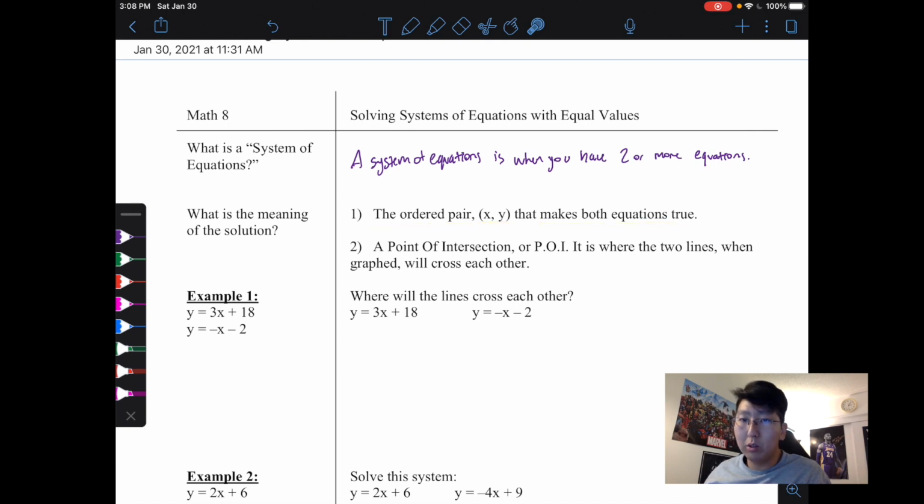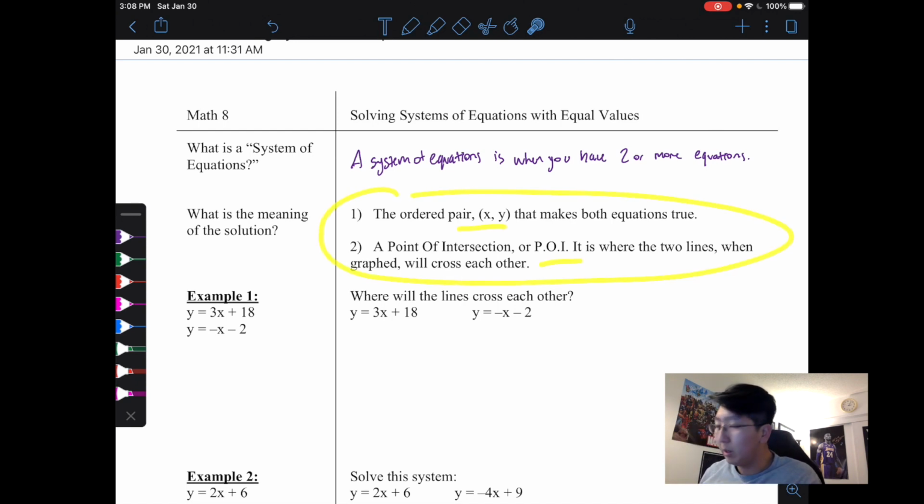That's also called the POI, the point of intersection. That's where the 2 lines, when graphed, will cross each other, and that's the ordered pair that makes both equations true. These 2 things are the same thing. The ordered pair will be your POI.